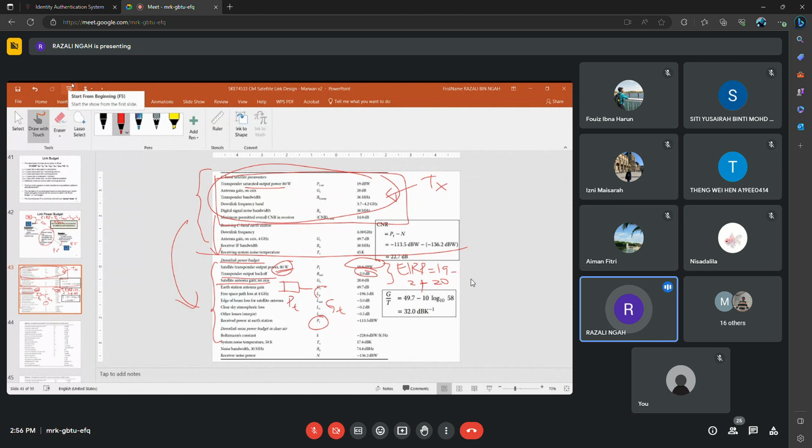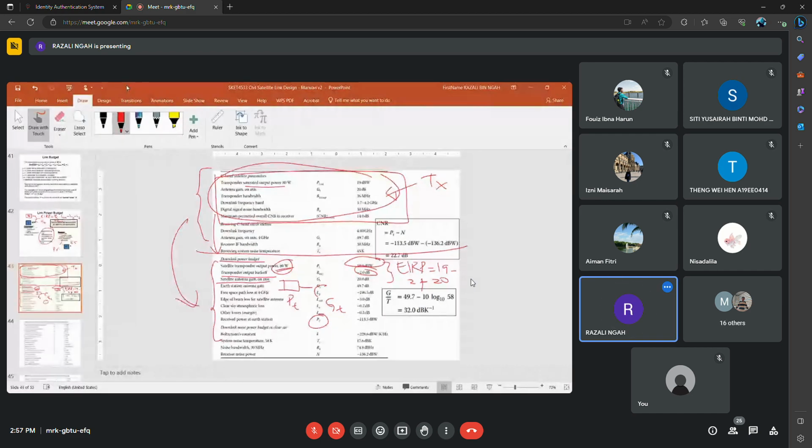You have 2 dB back off loss. Antenna gain on axis means the gain from the satellite antenna pointing directly to the receiving antenna. That's what we call on axis.